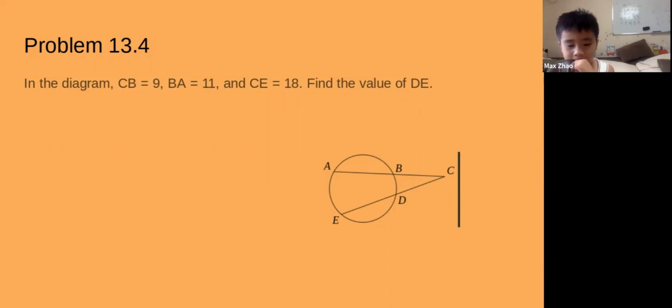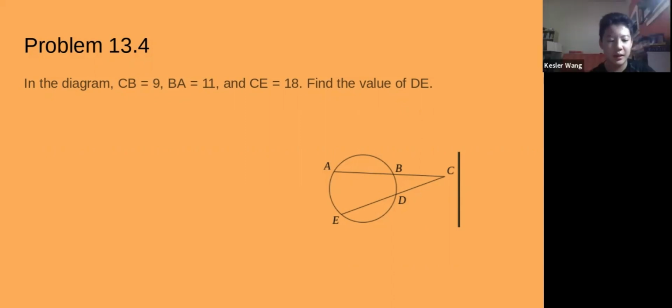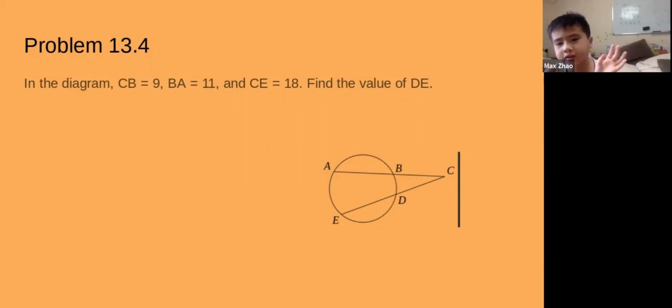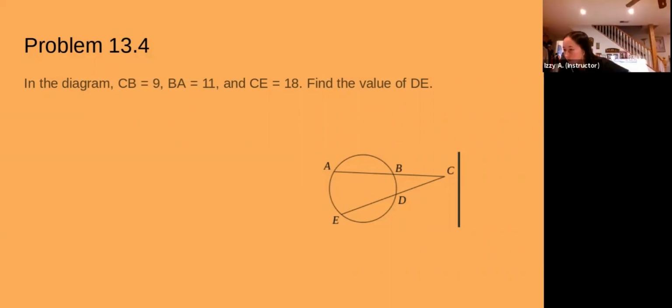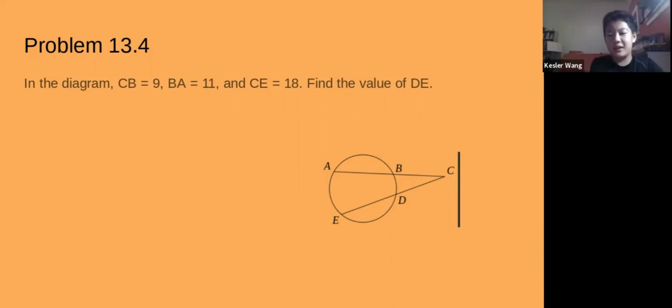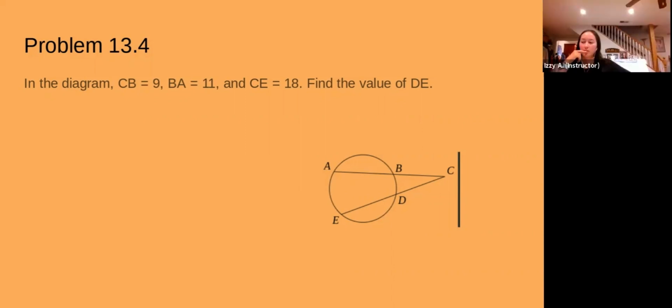Alika has a pretty good explanation. The problem is this has nothing to do with arc. So what Alika said, probably CD equals 11. You're not close to 11. Not 11. 9.